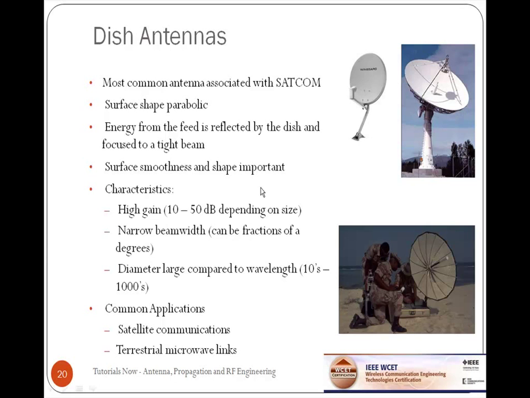But they have very high gain, typically from 10 to 50 dB, depending on the size, and very narrow beam width, could be a fraction of a degree. But the diameter is large compared to the wavelength, typically 10 to 1,000 times the wavelength. And that's how the dish antenna got a very, very small beam width. And so the dish antenna not only find the application in satellite communication, but also in terrestrial microwave link.